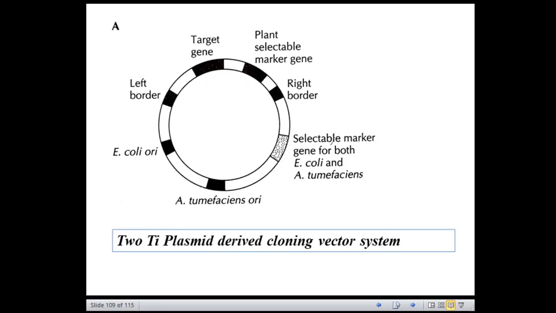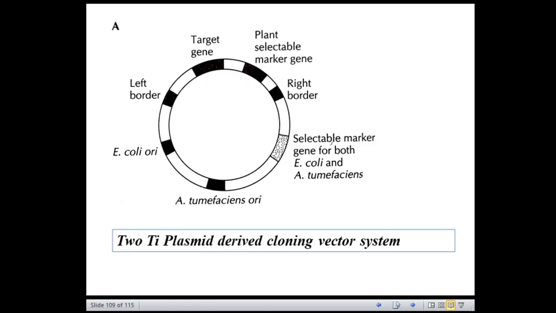Now the recipient Agrobacterium tumefaciens strain carries a modified Ti plasmid, that is a defective or disarmed Ti plasmid, that contains a complete set of virulence genes but lacks portions or all of the T-DNA region, so that this T-DNA cannot be transferred.